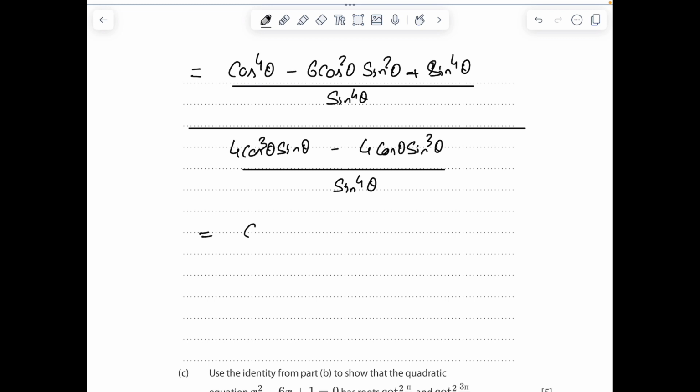So when I do that, I am directly writing the answer: cot power 4 theta minus 6 cot square theta plus 1 divided by 4 cot cube theta minus 4 cot theta.